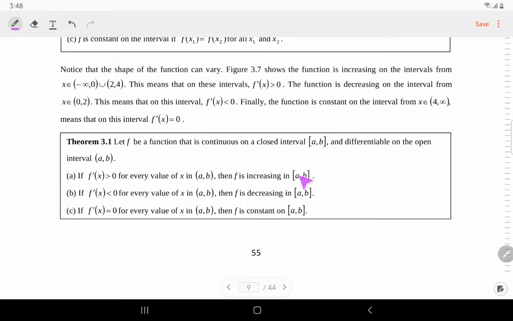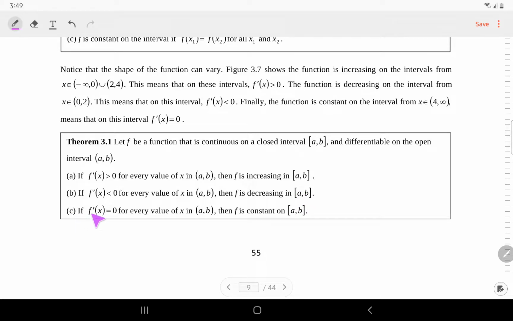So this interval, we will find the interval first. Later I will show you how to find that interval. And then the second one is, if f prime x is less than 0, differentiate the function and then insert the value x. The value x must be within the interval. For example, the interval given is between -1 and 3. So you pick a number between -1 and 3, it doesn't matter which number. Insert it into the f prime. If you get a value less than 0, it means that the function is decreasing at that interval.